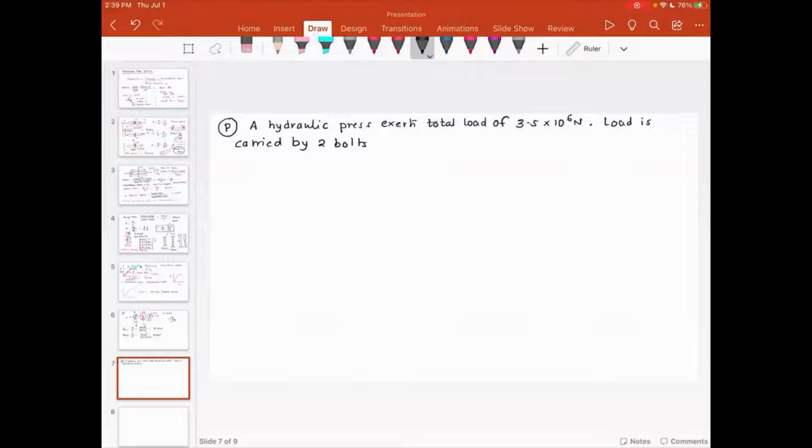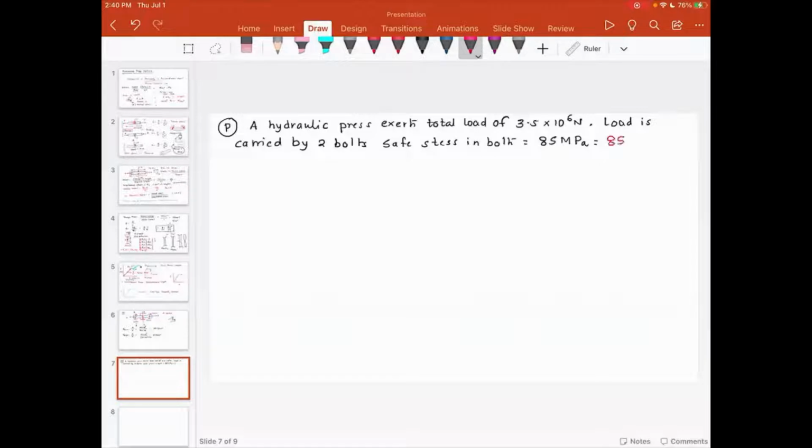And the safe stress in bolts is equal to 85 megapascals. And as you know, 1 megapascal is 1 Newton per millimeter square.